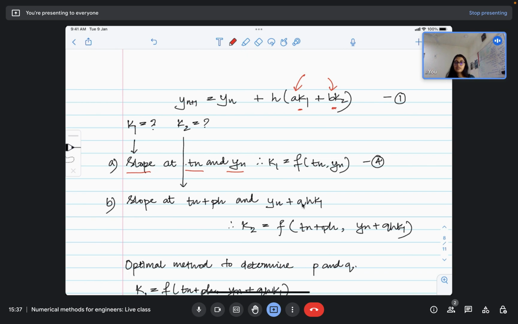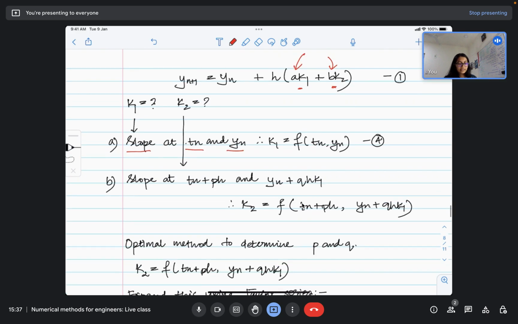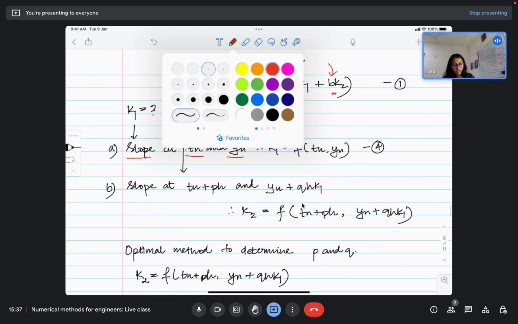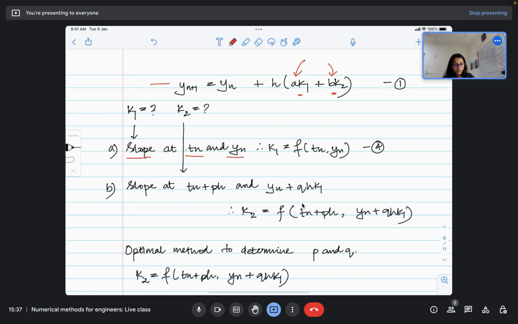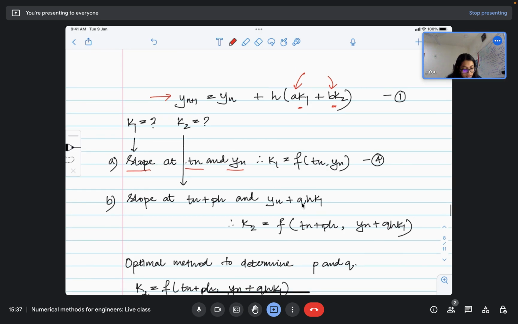So k1 is basically a function of tn and yn. Let us write this expression as 1 and the second expression as 2. Now we will go to the graph and understand what is happening here.